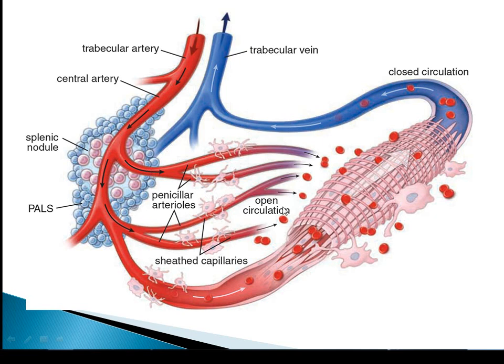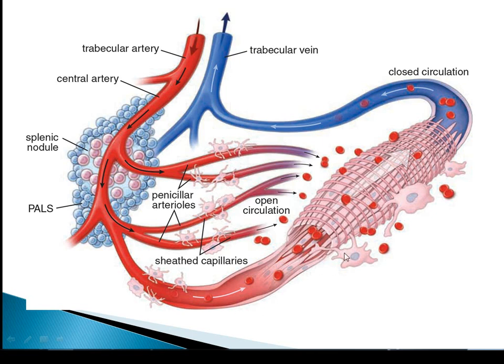Penicillar arterioles continue into the terminal capillaries, and these are sheathed capillaries because around them there are sheaths of macrophages and lymphoid tissue. Then sheathed capillaries may continue into the sinusoids immediately.